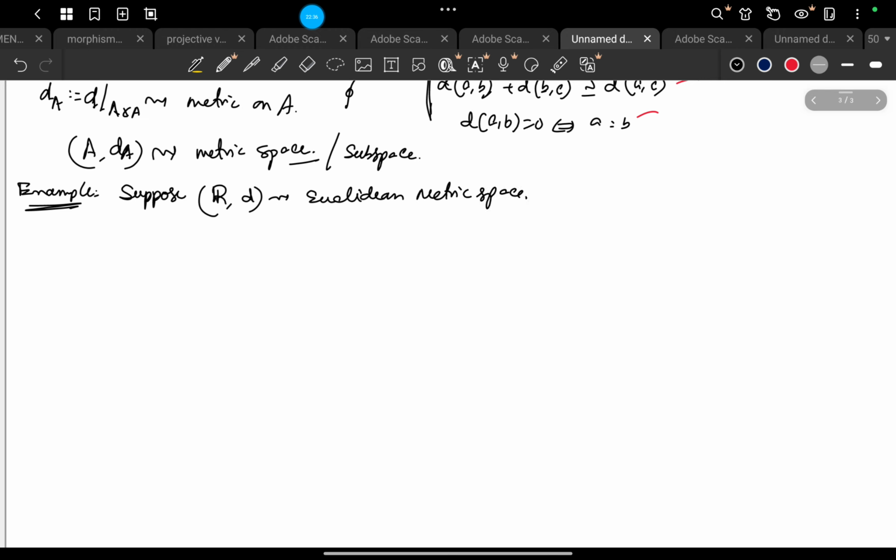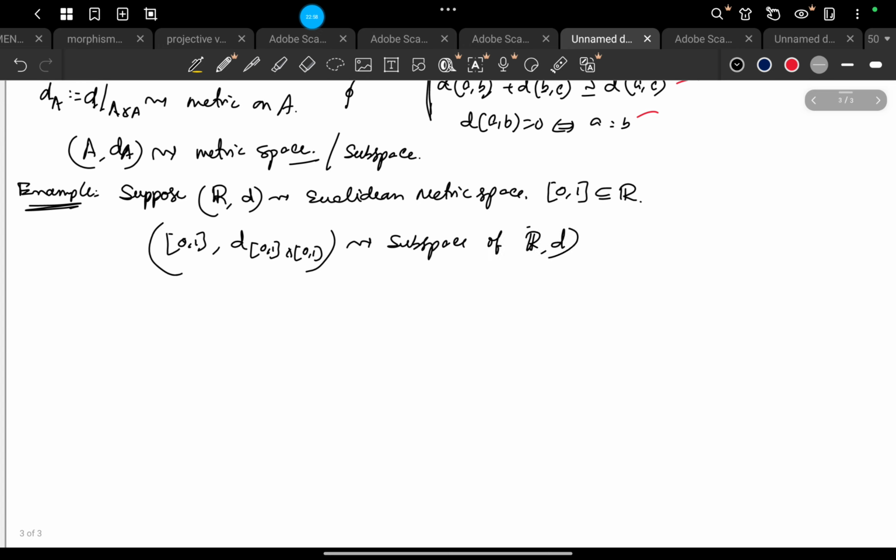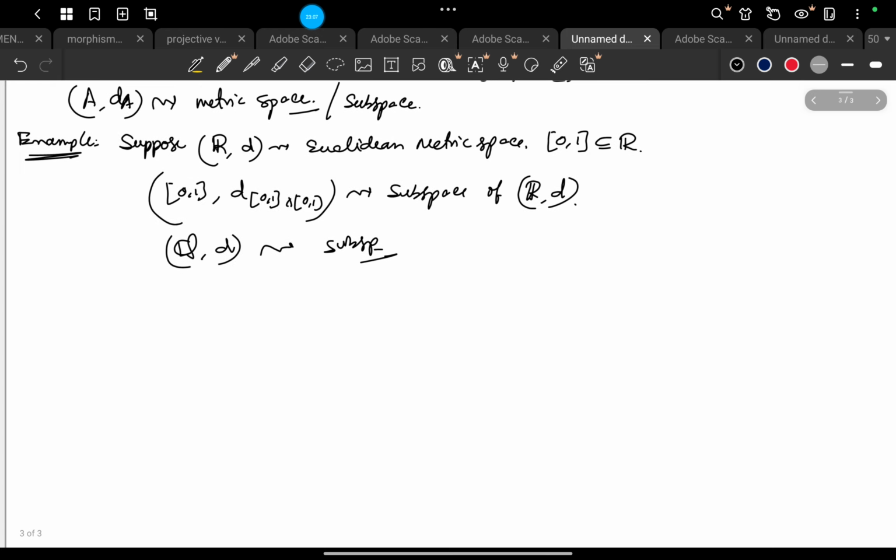Suppose the closed interval [0, 1] is a subset of R. Then of course [0, 1] with d restricted to [0, 1] cross [0, 1] is a subspace of (R, d). As well, if you take the set of rationals, then (Q, d) is also a subspace.